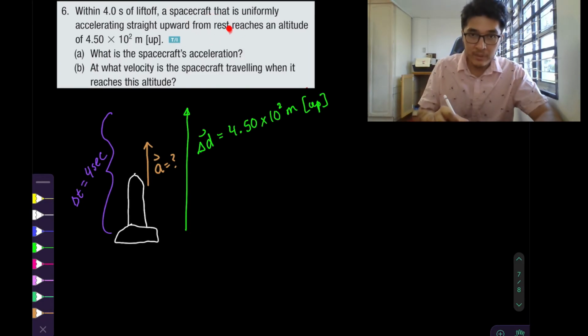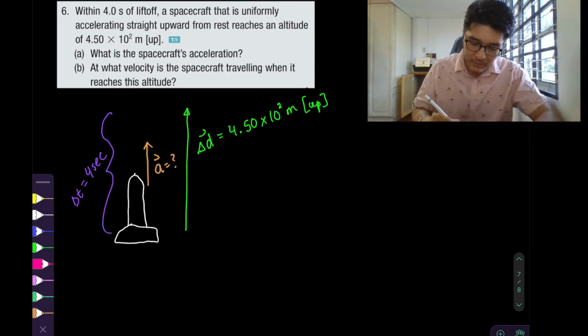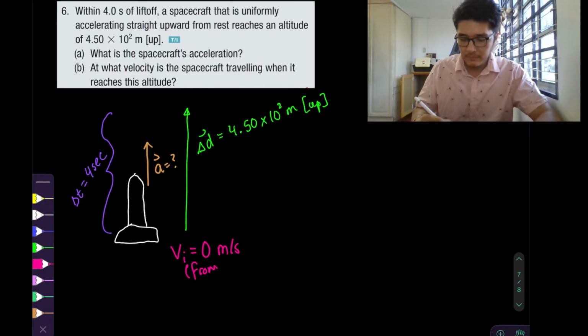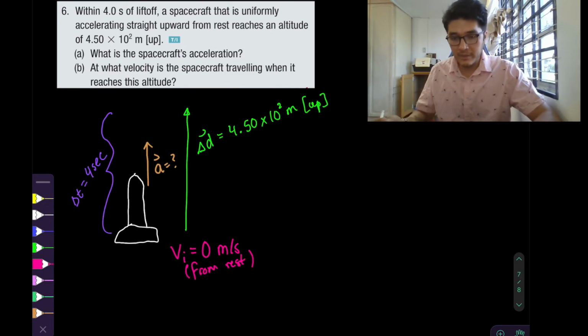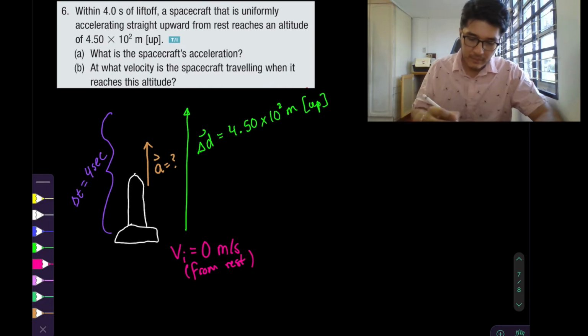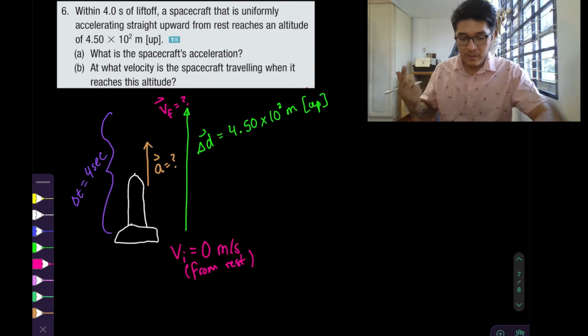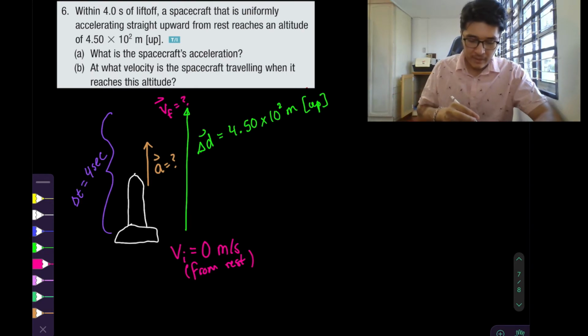That's the key part that we had to look at. If it's from rest, this tells you that the initial velocity is actually 0 meters per second, because you're starting from rest. The final velocity, you don't know, so that's a big question mark. So you don't know the acceleration and you don't have the final velocity. And the first part of this question is asking us to find the acceleration.